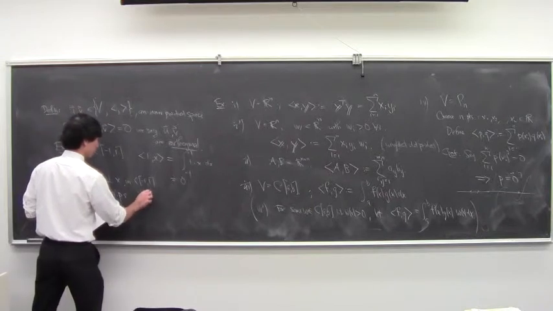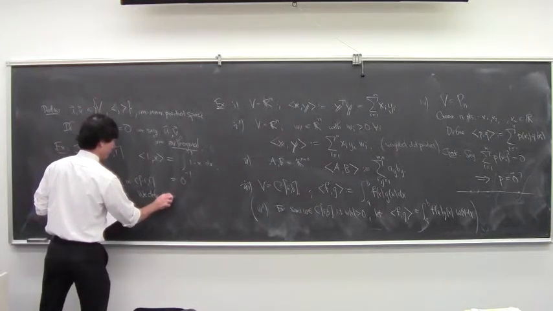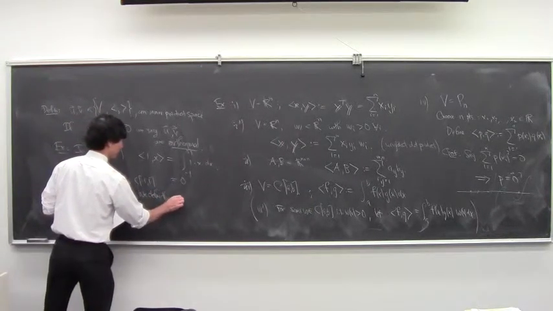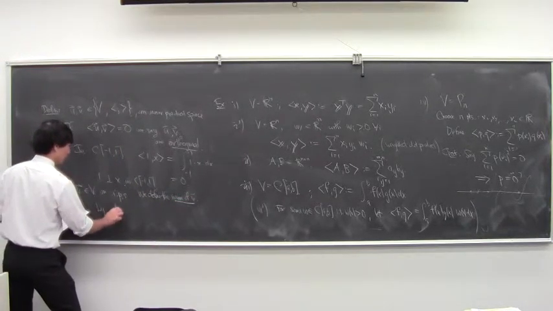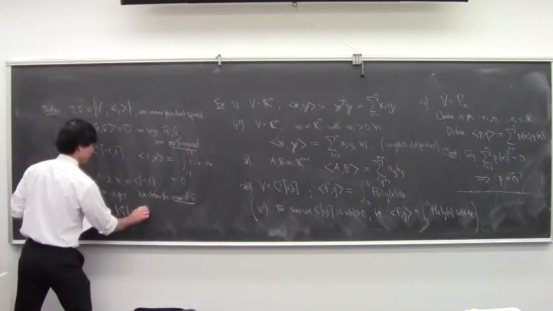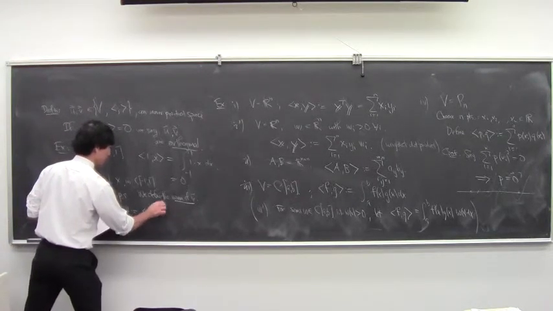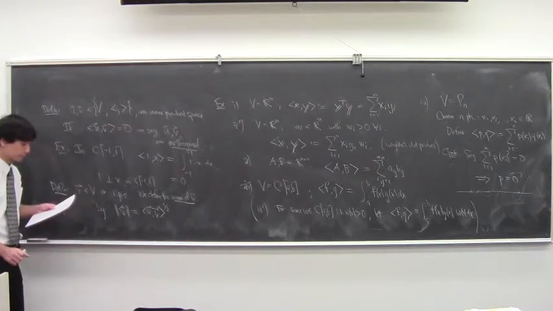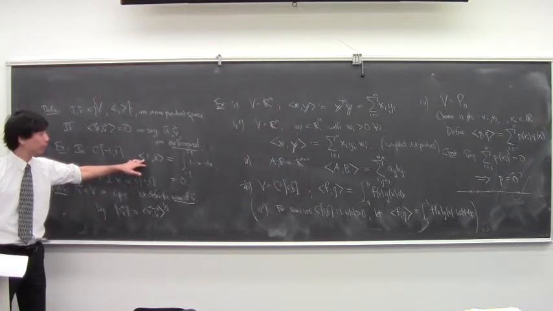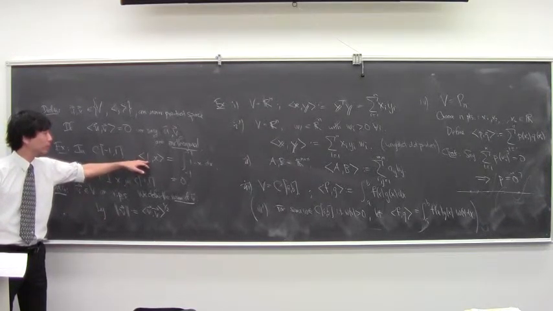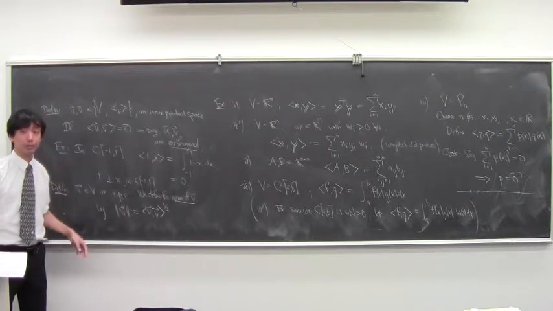You define the norm of v as the inner product of the thing against itself to the 1/2. Like in the above example, the norm of 1 is the square root of 2.